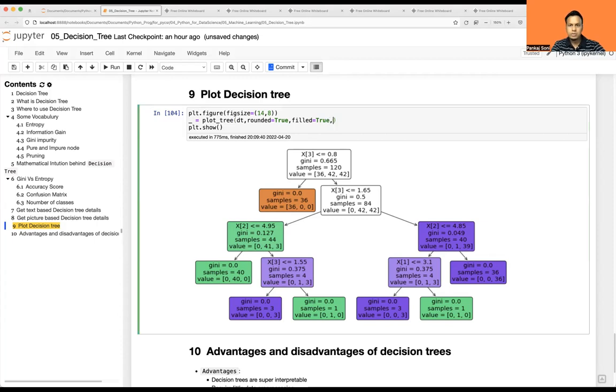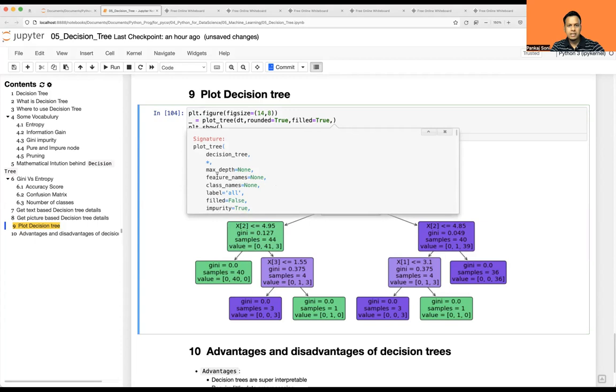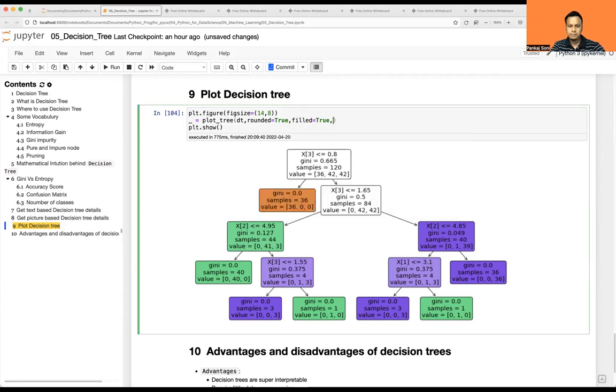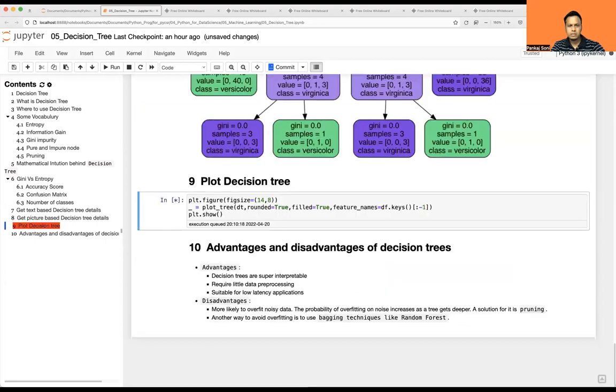So what is this value basically? It makes sense to use the feature names. So feature names equal to, I'll give df dot keys, all but -1. Let's see if this works.